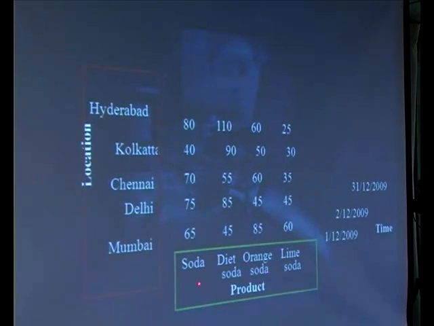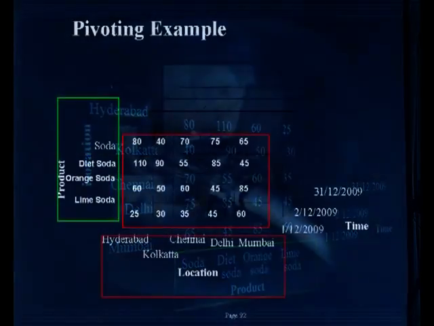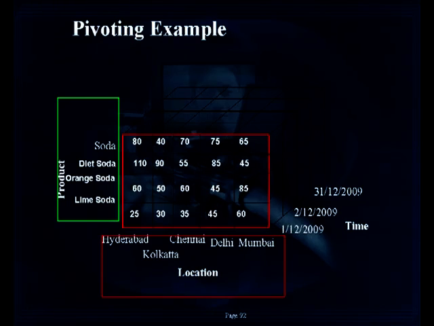X is location, Y is product, Z is time. By fixing one dimension, I can swap any 2. That is also called rotation or pivoting. Suppose I want to swap location to this place and product to this place. That means I am swapping location and product.